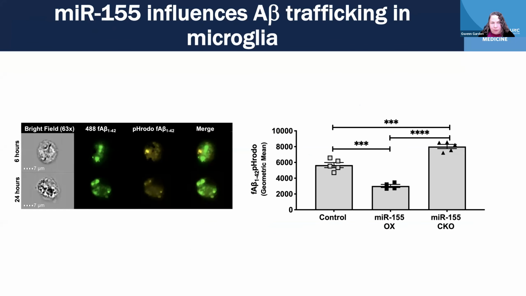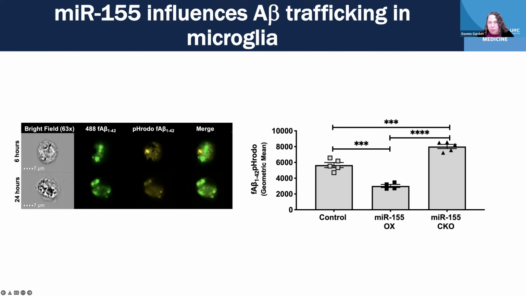And what happens when we do that, and we look at A beta internalization, as we can use different markers to look at A beta internalization. So here we have green A beta that would go anywhere within the cell, and red A beta that only goes into the endosome lysosome system. And you can follow the internalization of both the green and the red A beta.